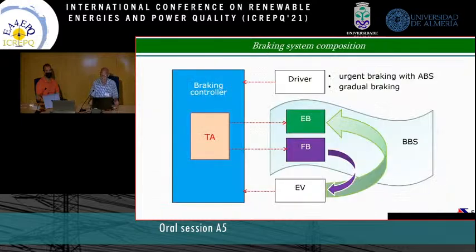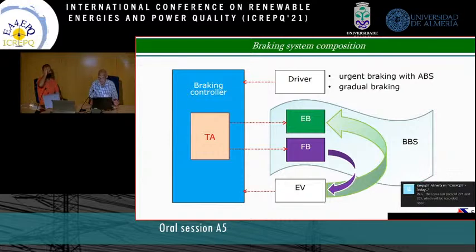The system under study looks like the one shown in this slide. The braking controller, which we developed over some years and presented in some presentations. The torque allocation system is a part of this braking controller. The driver selects the method of control.